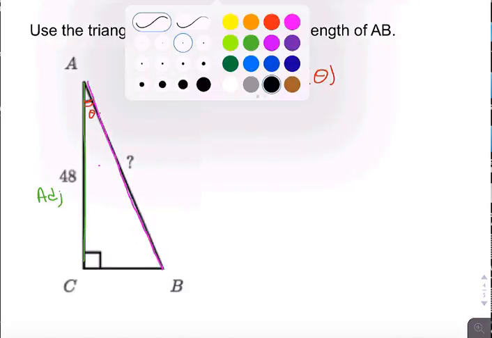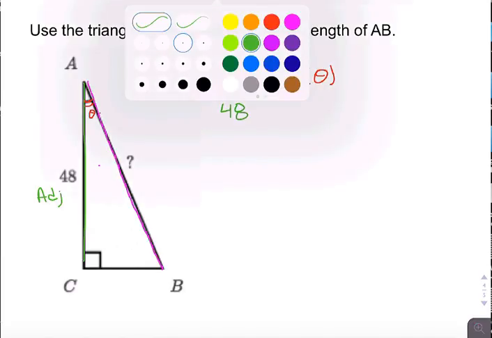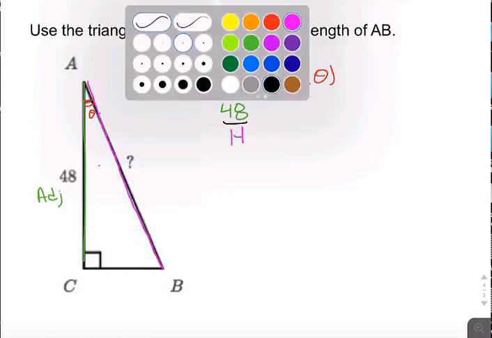In fact, we're going to continue the same way as well. On our actual triangle, the adjacent side is going to be 48, and the hypotenuse is unknown. I'm just going to keep calling it H, even though the problem calls it a question mark.